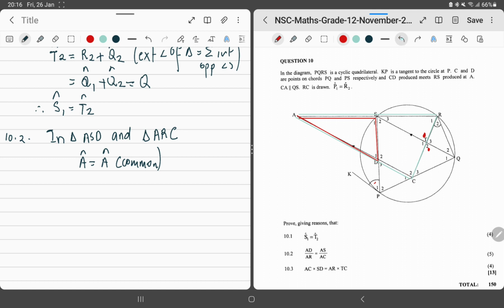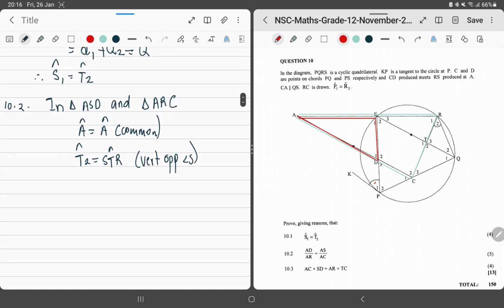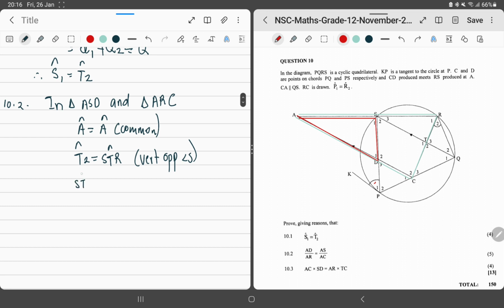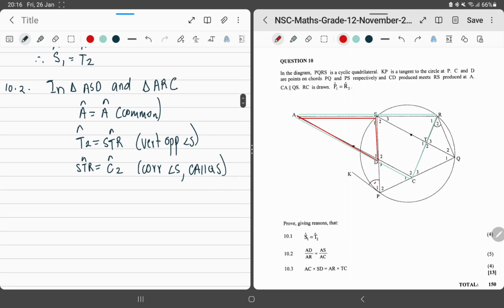So let's take it step by step. We are saying T2 is equals to STR, and this is because they are vertically opposite angles. STR is equals to C2. This is because of corresponding angles, given that CA is parallel to QS. Remember that T2 is equals to S1.